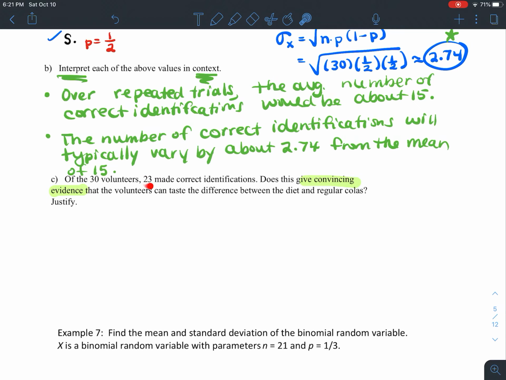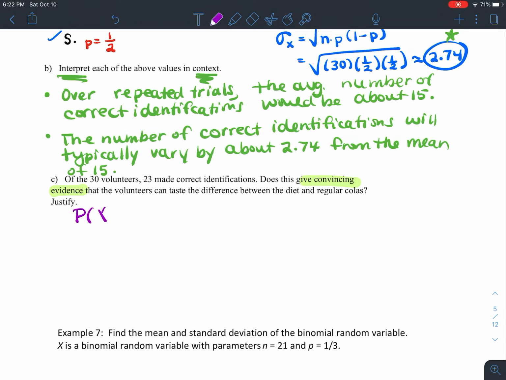But we got a significant amount more than just 15. We got 23. And so we're just wondering, is there enough evidence here based on these results for us to say that maybe these volunteers weren't just guessing, but they actually could taste a difference, and that's why we had so many correct identifications.